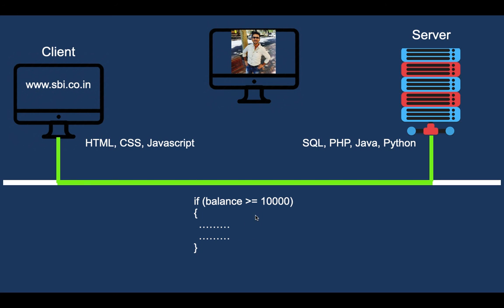All these operations are always done on the server. So coming back to the point, if this condition is true, now the server will initiate fund transfer and the funds will be transferred to my account. So using this example, I tried to explain to you the meaning of front end and back end. I hope you understood this.